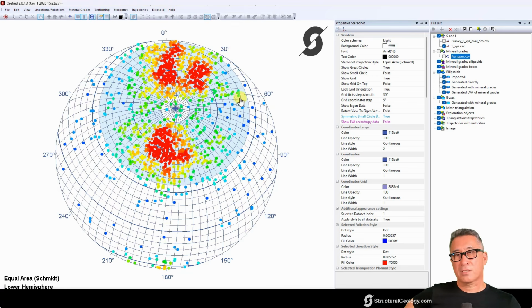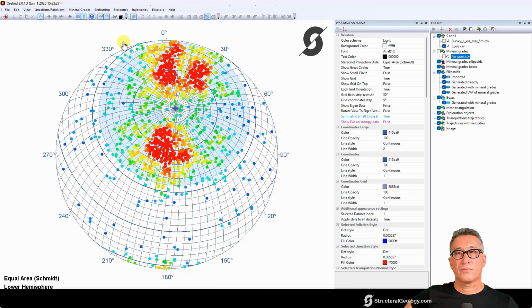So in fact, this set, the horizontal set, which could have been explained by rotation about drill core, is actually an earlier foliation. That is S1. Okay, and this is S2.